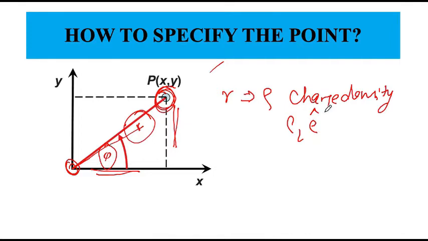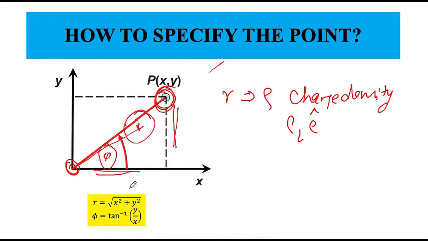So I am going to use r as my variable over here, and applying the law of a right angle triangle, if this is x and this is y, obviously r will be the square root of x square plus y square. And how do I calculate phi? Again, you use a trigonometry relationship.